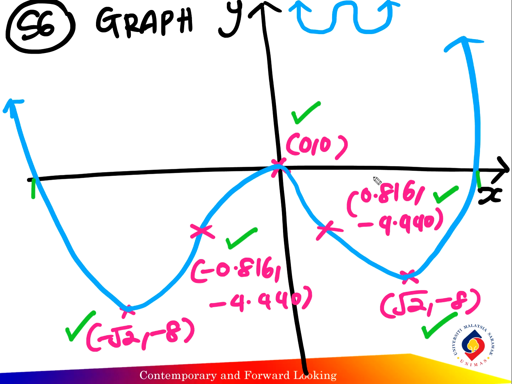You check the calculator, and you label the graph here. So you label the graph: y equals 2x to the power 4 minus 8x squared. Okay, that is the graph of the quartic function.